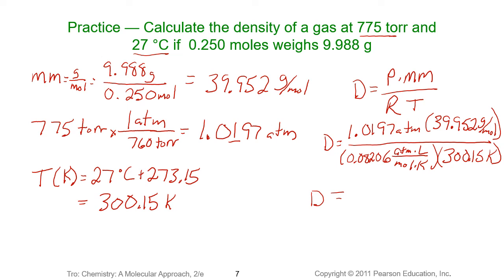We end up with a density of 1.654 grams per liter. Now there are other ways to solve these problems, so if you used a different method and came up with the same answer, that is perfectly fine.